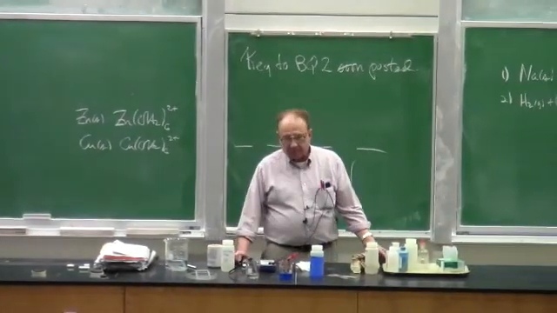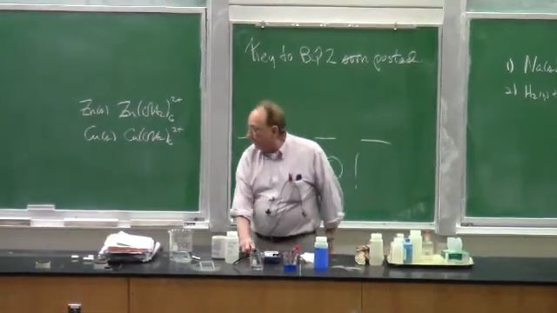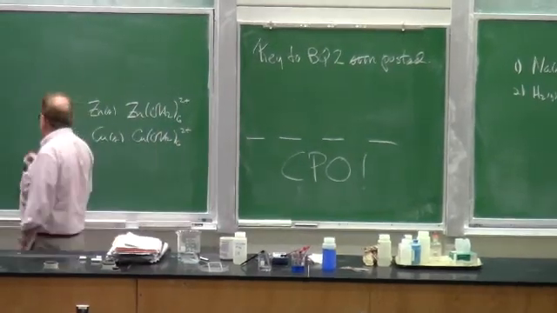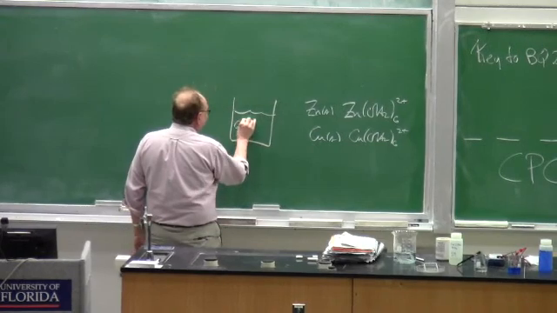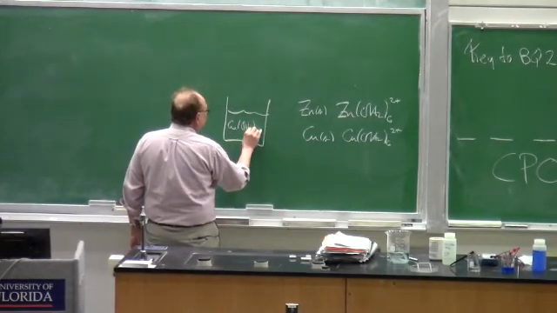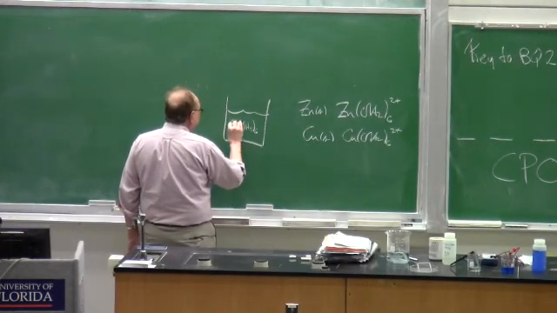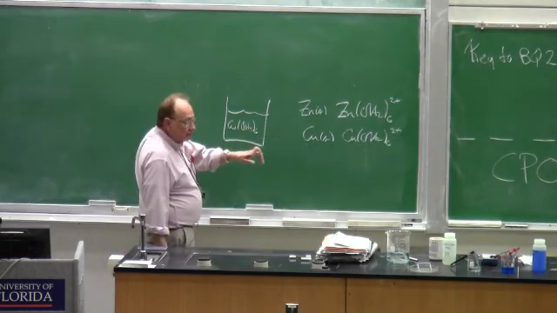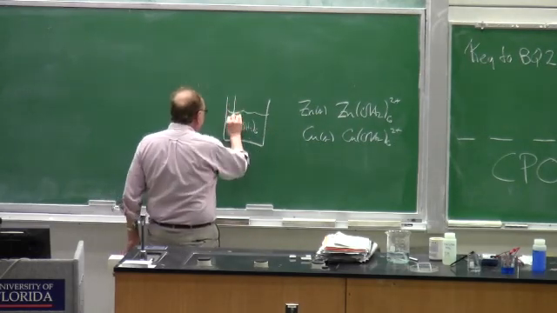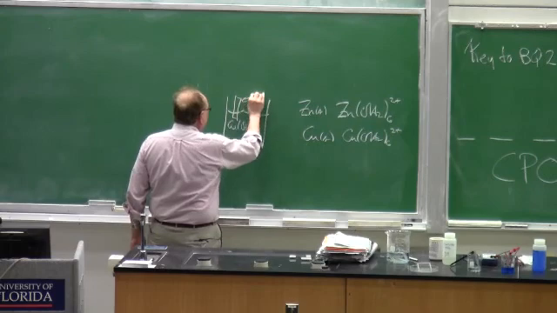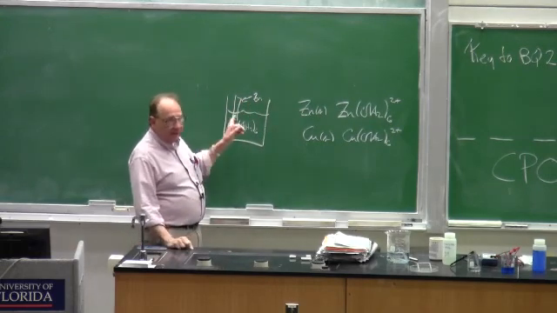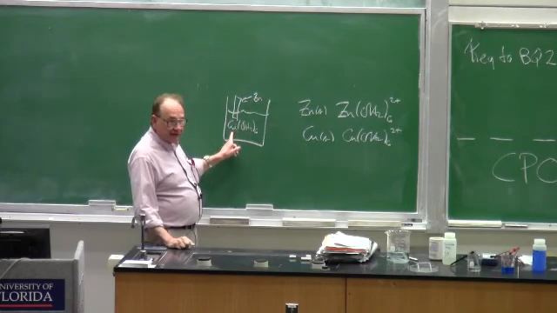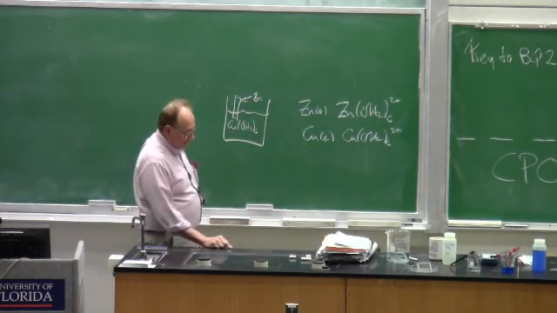Now, the problem is, if you have, which is what we did last time, a solution containing copper ion, the oxidizer which is capable of oxidizing this reducer, and you establish direct contact between the reducer zinc and the oxidizer hydrated copper ion.